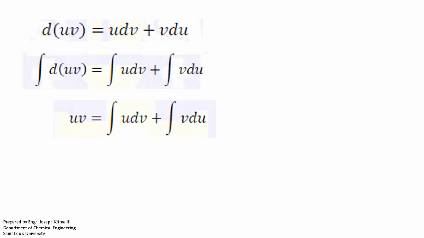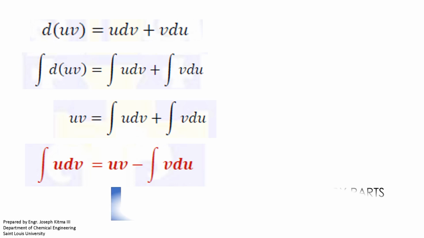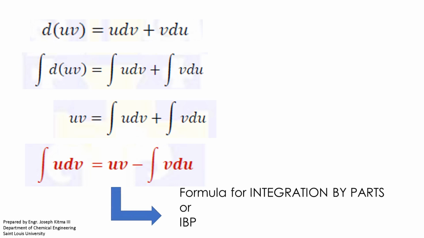The integral of udv, we will place on the left side of the equation, thereby giving integral of udv is equal to uv minus the integral of v du. We call this the formula for integration by parts, or we just simply call it the IBP formula.